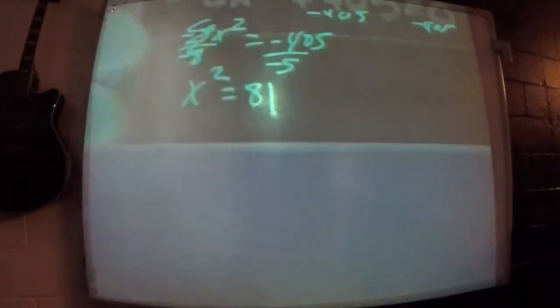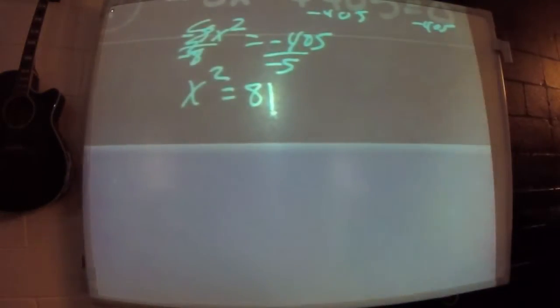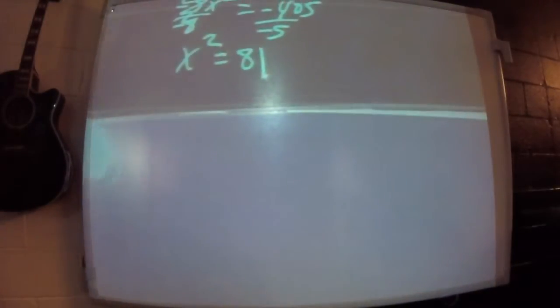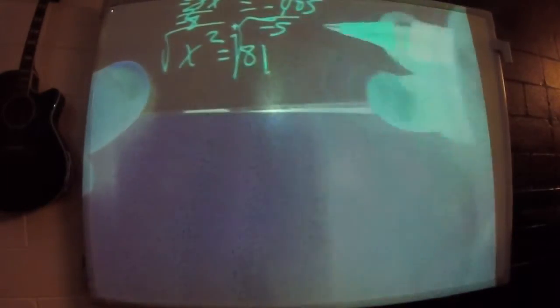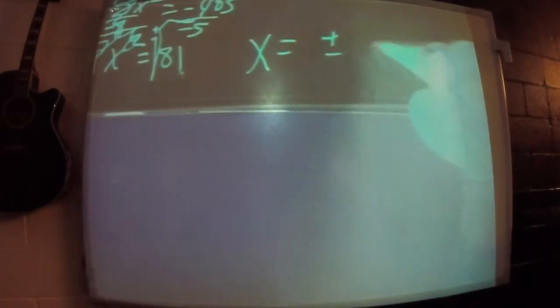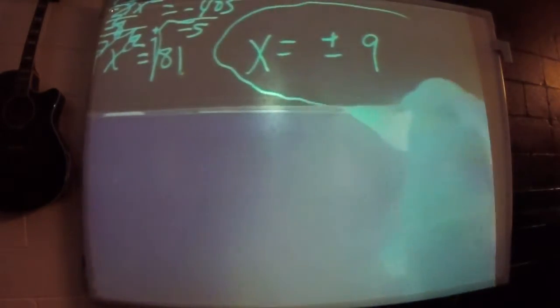You got negative 405 divided by negative 5. It comes out to be positive 81. Then you square root both sides, give a plus or minus to the right. And x equals plus or minus 9.